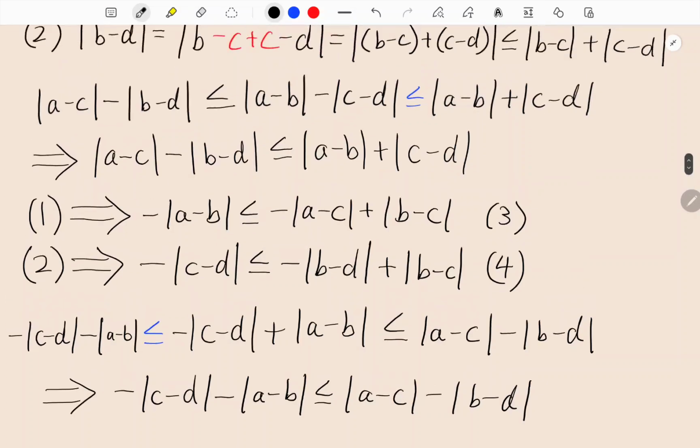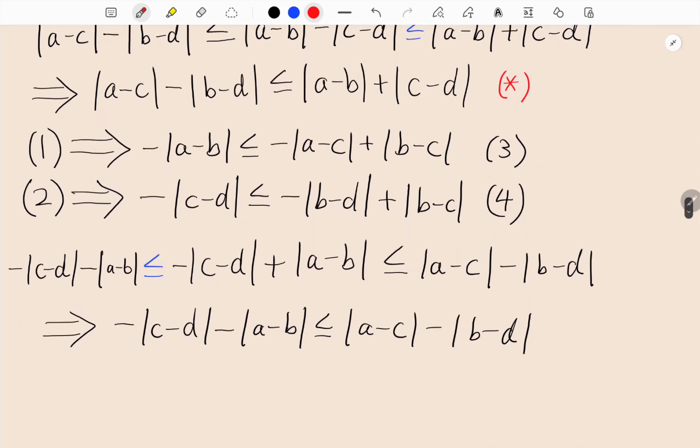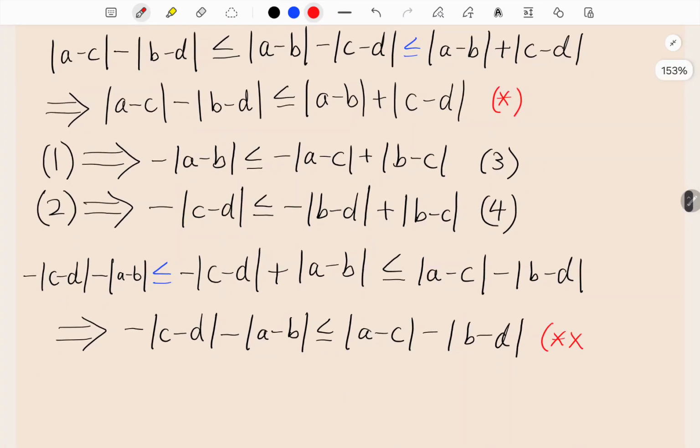I could say this will be star, and this will be star star.